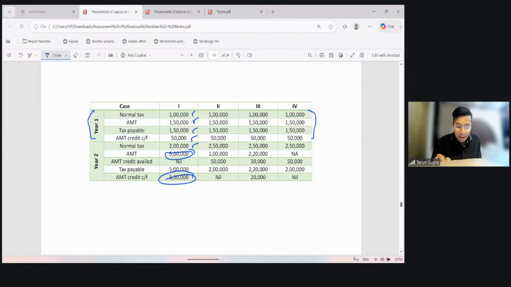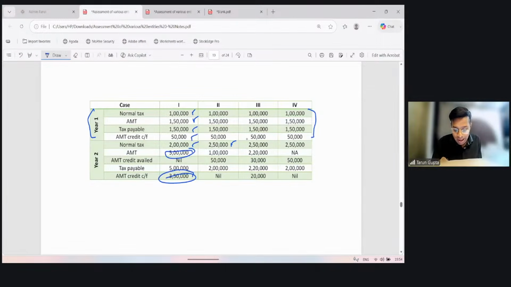In case 2, in year 2, there is a normal tax of 2,50,000 while AMT is 1 lakh. So now you are liable to pay normal tax, so you can adjust the AMT credit of 50,000. You will pay only 2 lakh, 2,50,000 minus 50,000. And the AMT credit carried forward shall be nil. You have utilized it. In case 3, the normal tax is 2,50,000 and the AMT is 2,20,000.